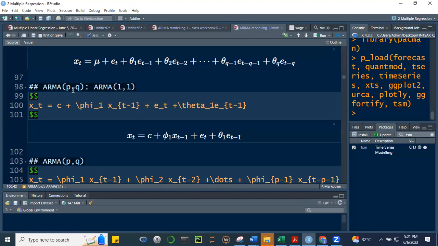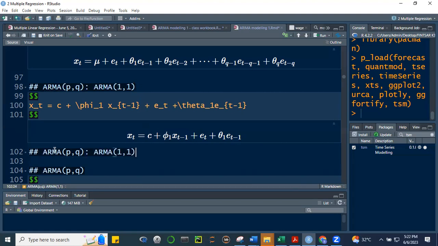So for ARIMA(2,1), what does ARIMA(2,1) mean? Let's write that down. Okay, class, I'm going to give you 1 minute. What if it's an ARIMA(2,1) process? How will that look?